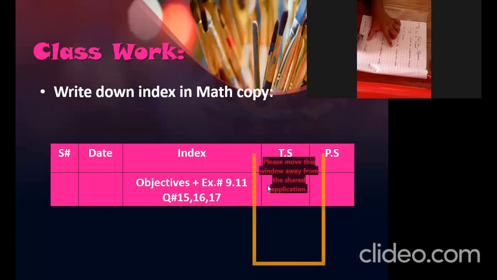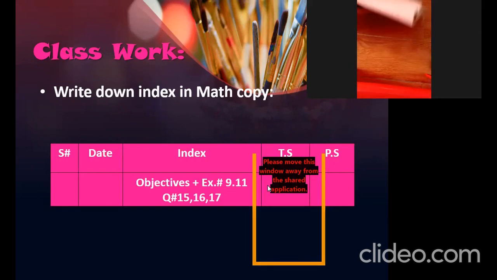Answer will be equal to 3a. Very good. Now please show everyone where you are going to start your work.